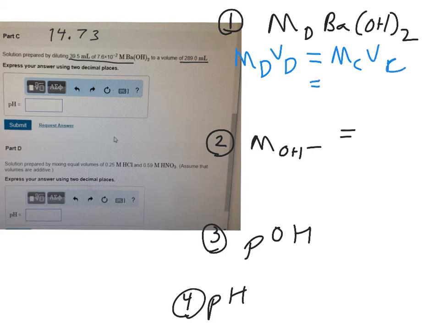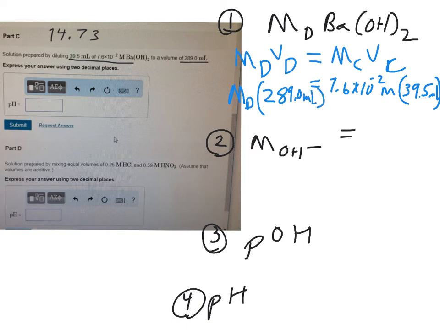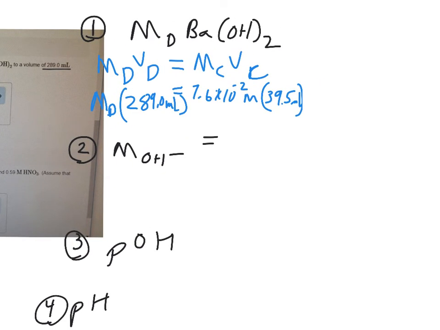So in this scenario, we have 7.6 times 10 to the negative second molar times a volume of 39.5 milliliters equals a molarity that we're wanting to solve for times a volume of 289 milliliters. So, perform a little algebra.